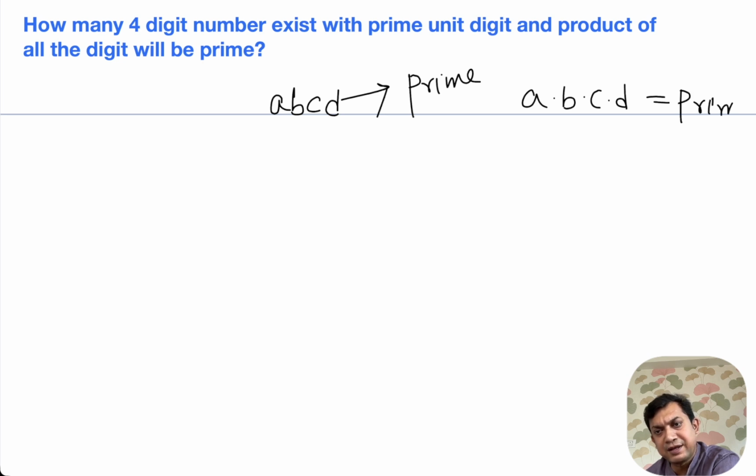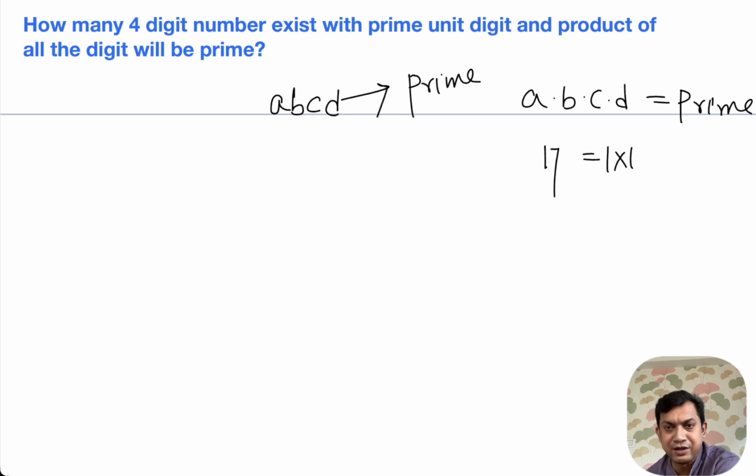So the question might come to your mind, how can a prime number be expressed as a product of 4 numbers? If it's a prime number, it cannot be written as a product of 4 numbers, because if I say 17 is a prime number, 17 can be written as only 1 into 17. No other number can come, only 1 can appear there, and that is the trick.